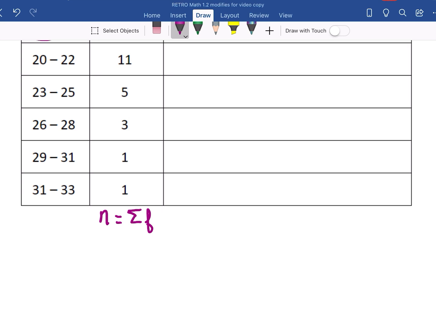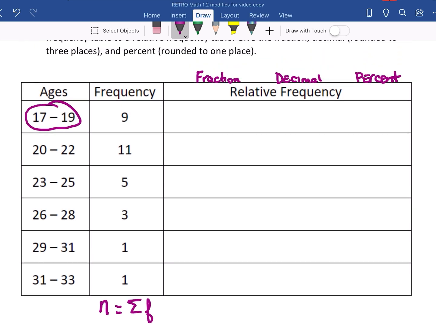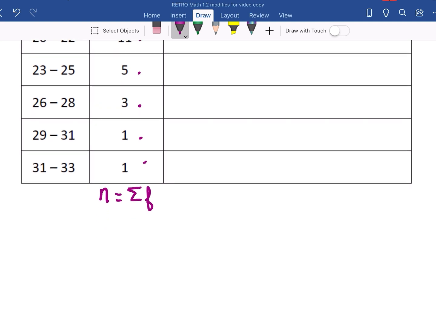So add up all the frequencies: 9, 11, 5, 3, 1, and 1. When you add up all those numbers, you get 30. So the sample size is 30. You're going to need that number. It's actually going to be very important. It's the denominator of every fraction that you write.